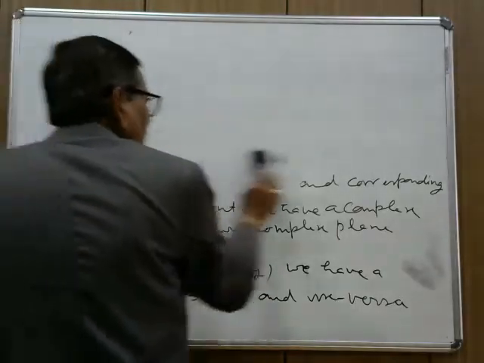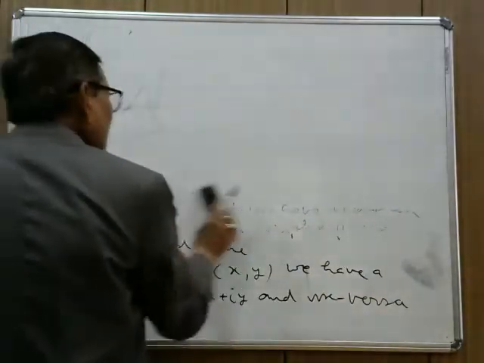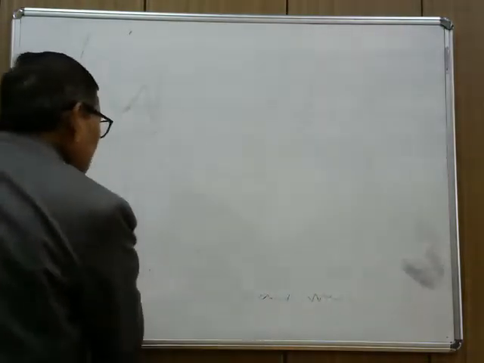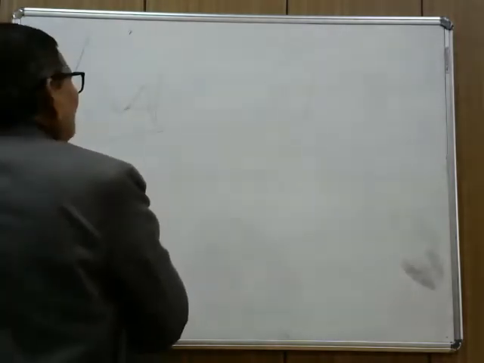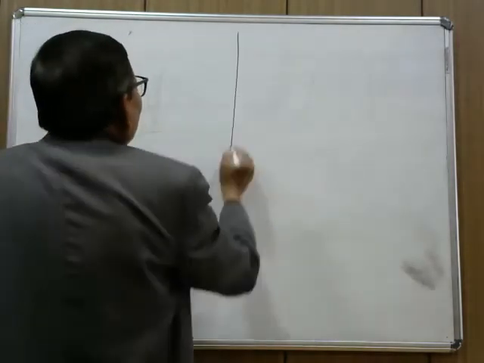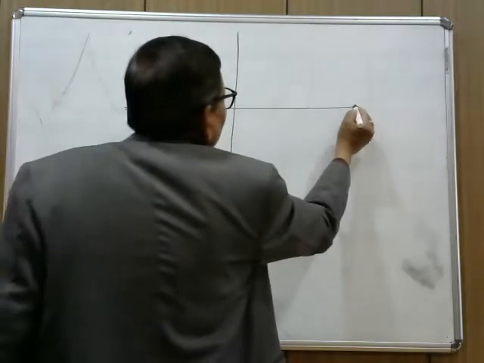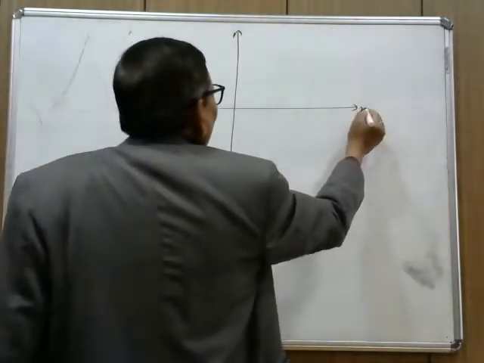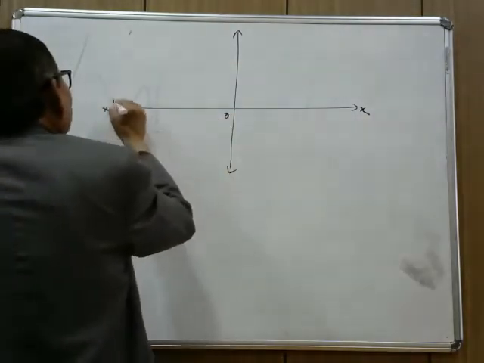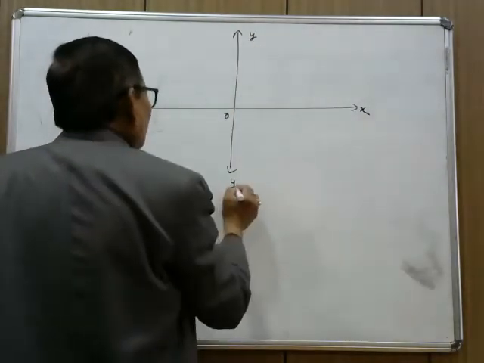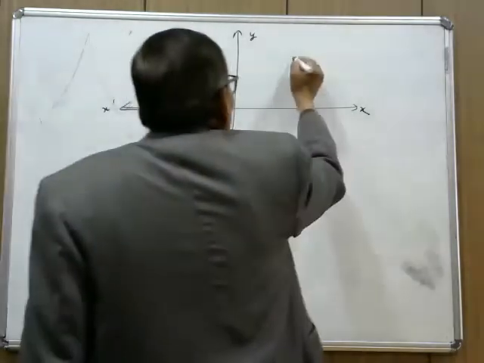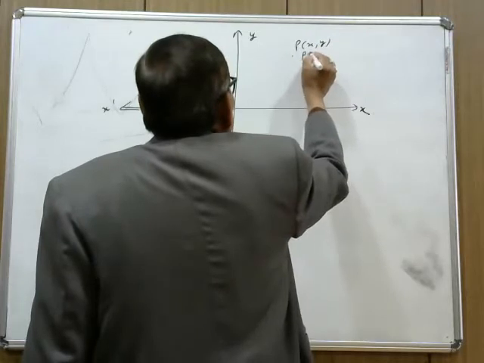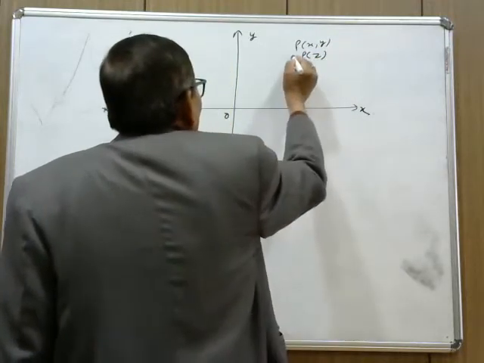Now, for the complex number z equal to x plus iy, you can see some illustration here. Suppose this is the xy plane, XOX', YOY', and there is a point P(x, y). This is also a complex number z.